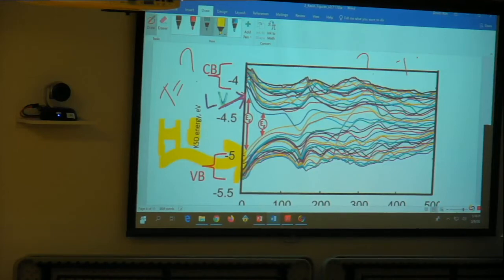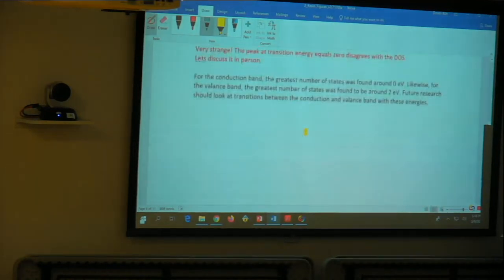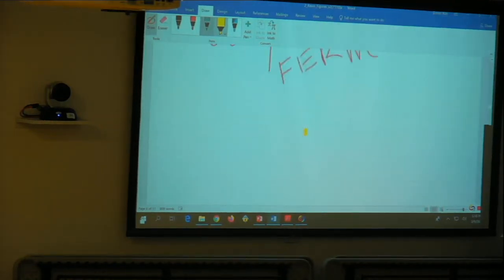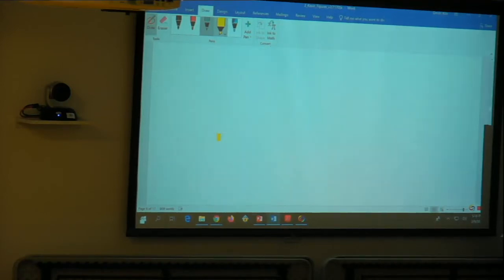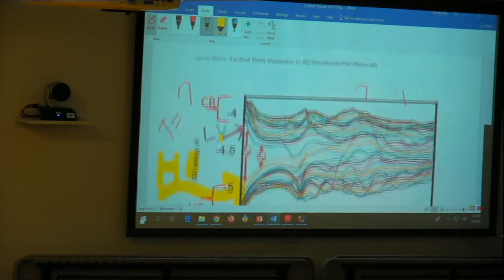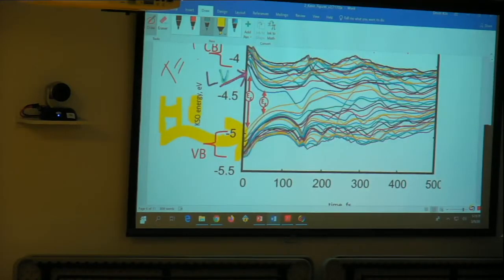Now, is there a paradox between this figure and this figure? Here you claim that your gap is about 1 eV, and there you cannot say what the gap is. It changes from 1 to 0, right? Well, for that density of states, I was looking at constant temperature, so I wasn't seeing how it changed.